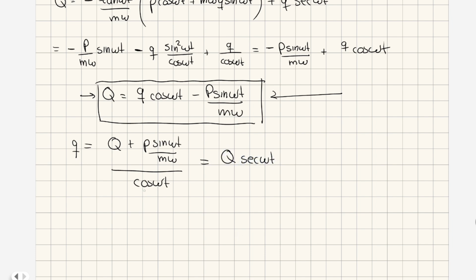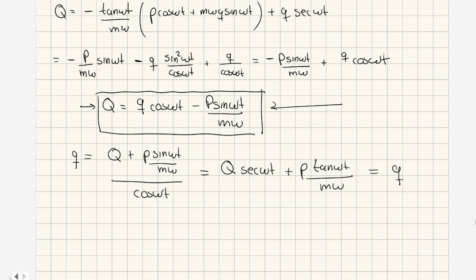You know that Q divided by cosine is Q secant, and then plus little p, sine divided by a cosine will give us a tangent, and then divided by m omega. So we have here a q in terms of upper Q and little p. So we need to find the little p in terms of maybe the upper P and the little q to be able to solve that equation for q and to see what we are going to get.